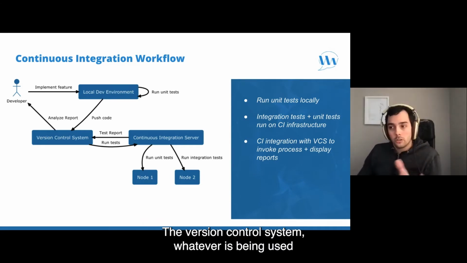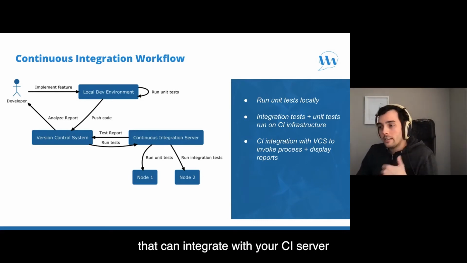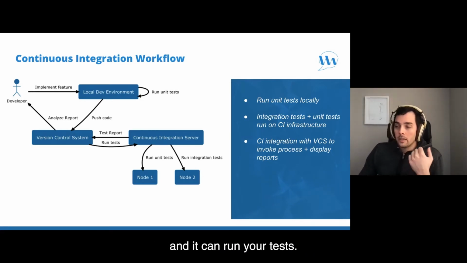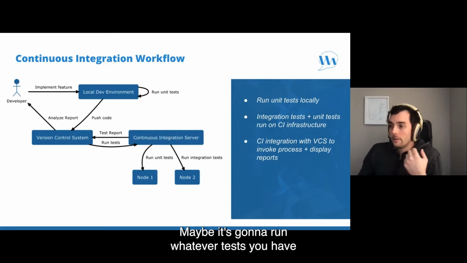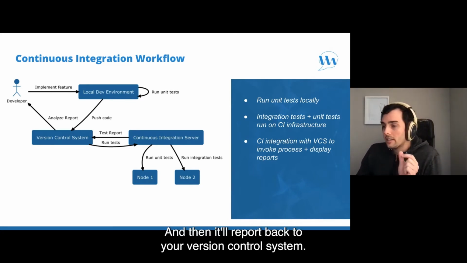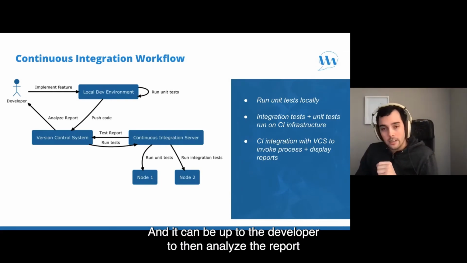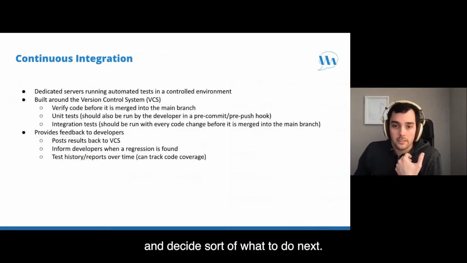The version control system, whatever is being used, whether it's GitLab or something else, can integrate with your CI server, and it can run your tests. Maybe it's going to run whatever tests you have, hopefully most of the time unit tests as well as your integration tests, and then it'll report back to your version control system, and it can be up to the developer to then analyze the report and decide what to do next.